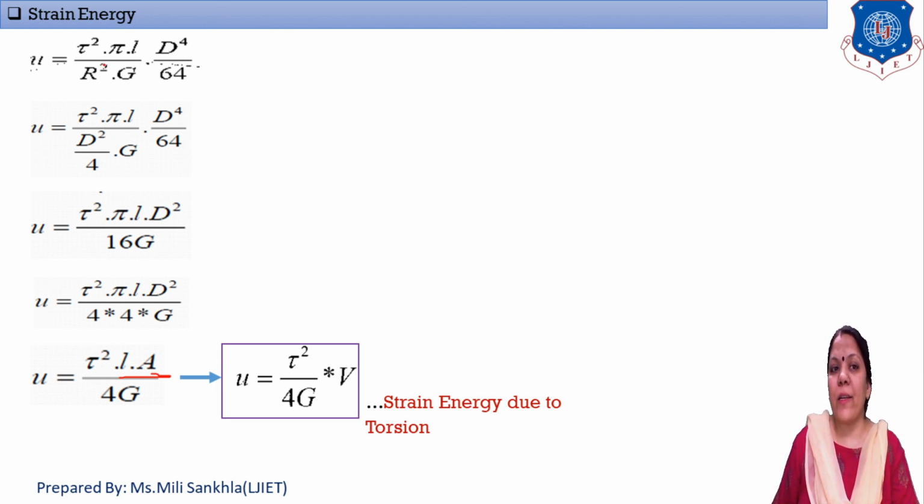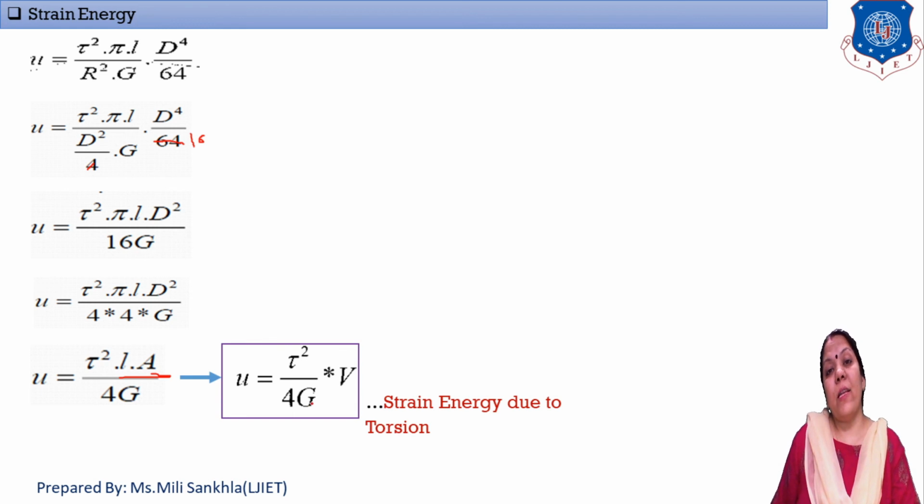Now D⁴ and D², so in the numerator D² is left, and in the denominator 4 times 16 is 64, giving 16G: τ² π L D² divided by 16G. Clear? Now 16 is 4 times 4, and π D² by 4 is the area. τ² into L divided by 4G, and this area into length is volume.